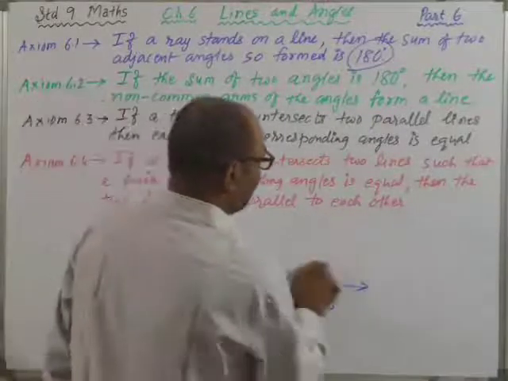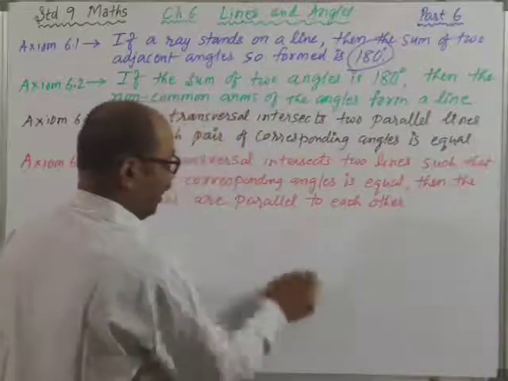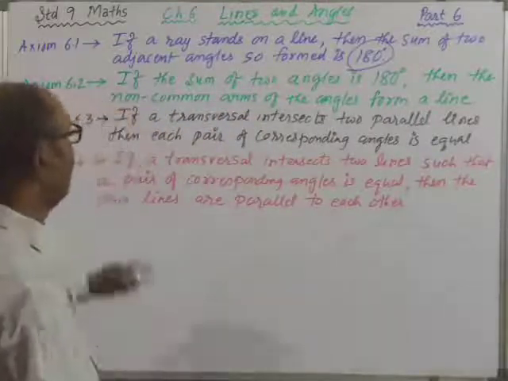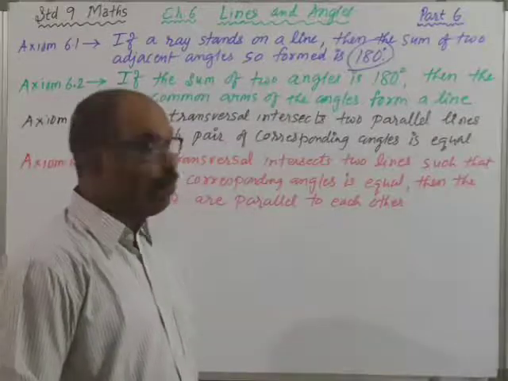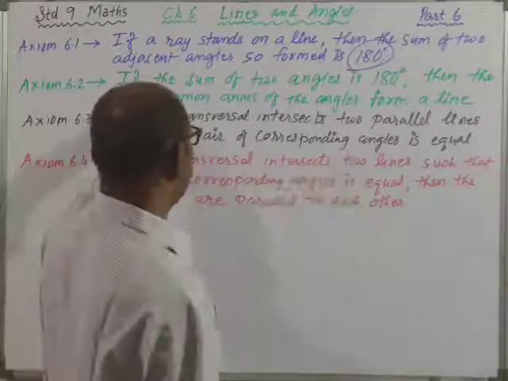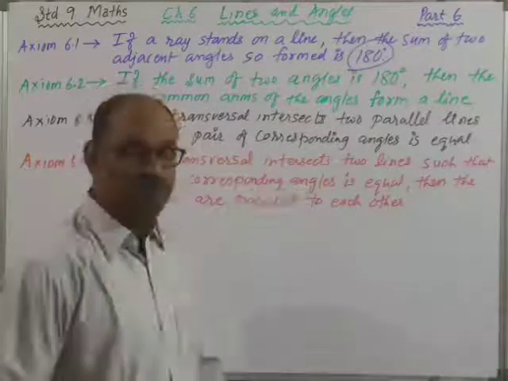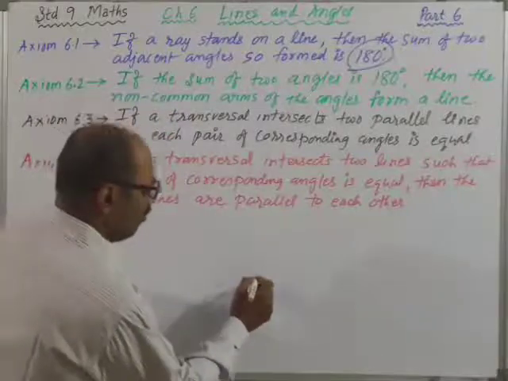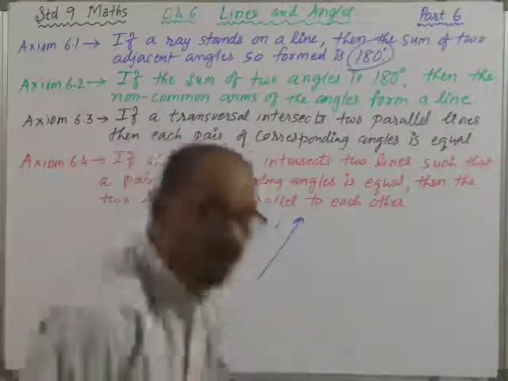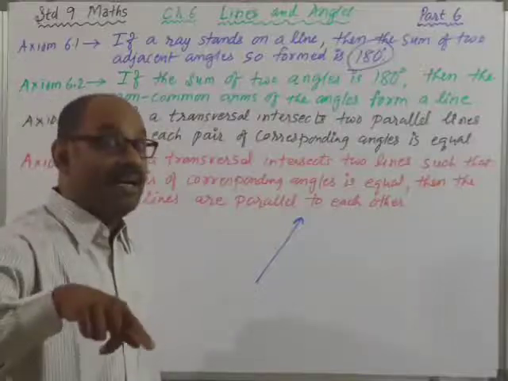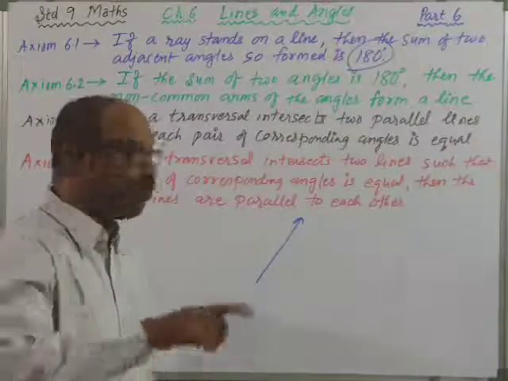Fine. Axiom 6.2. What does it state? If the sum of two adjacent angles is 180, then the non-common arms of the angles form a line. Children, first I draw the common arm. The two angles are adjacent, so they have a common arm.